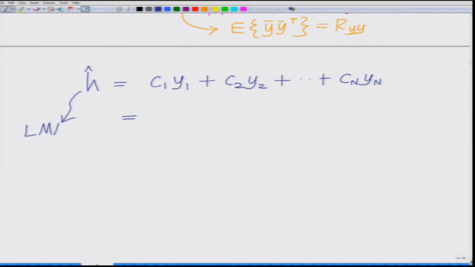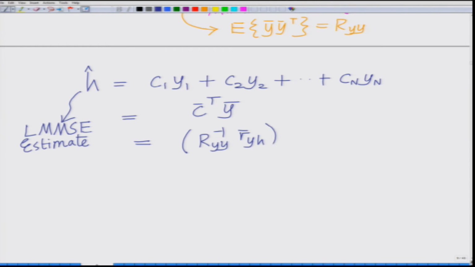Remember, now we are in the LMMSE domain. This is the LMMSE estimate, which is equal to C bar transpose y bar, and we already derived the expression for C bar. C bar is R y inverse R bar YH, correct.